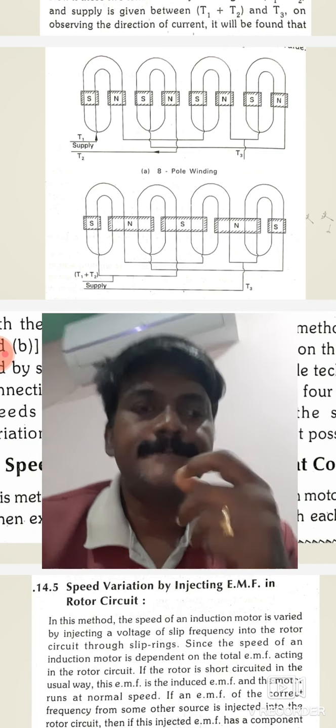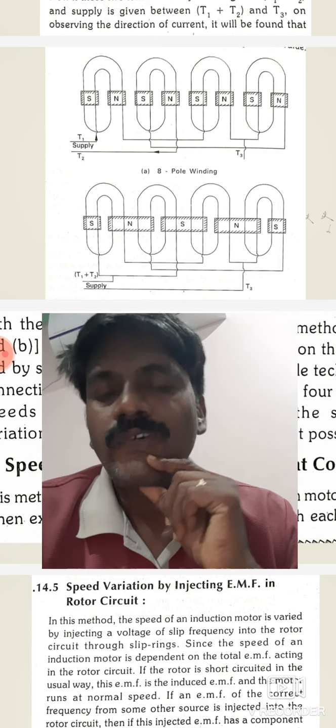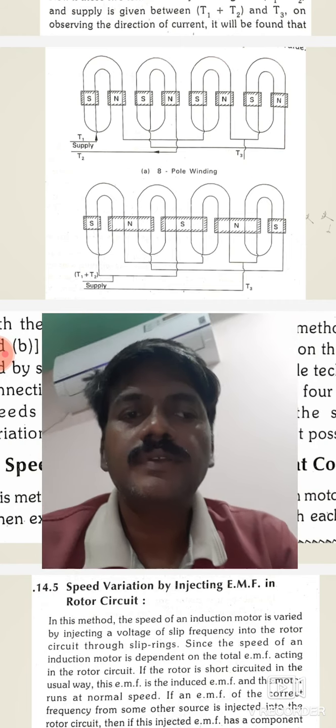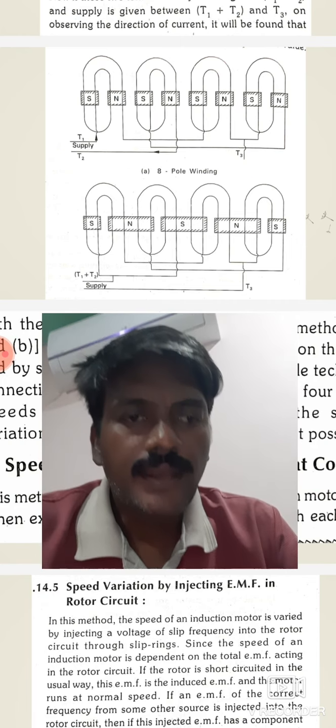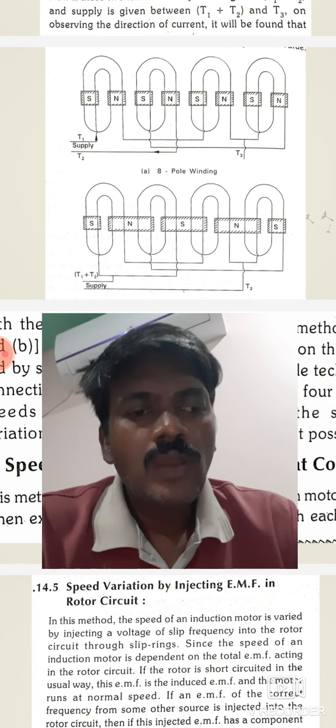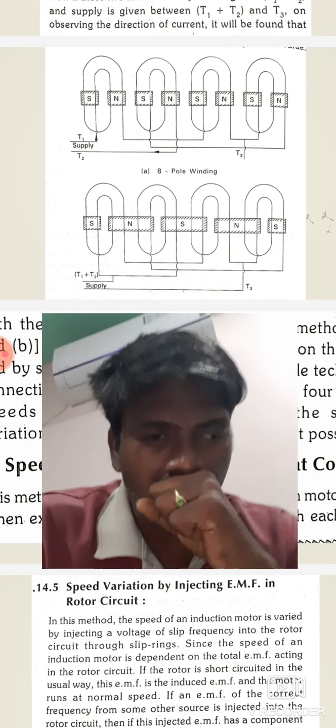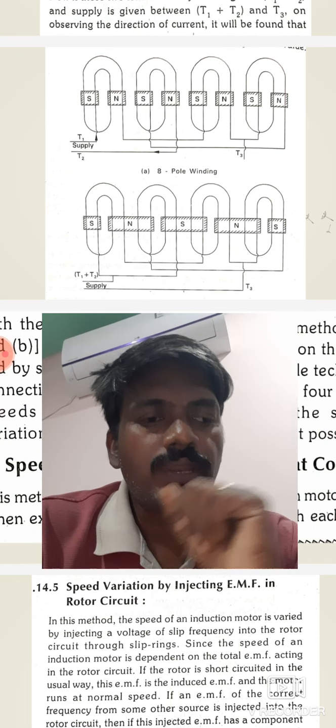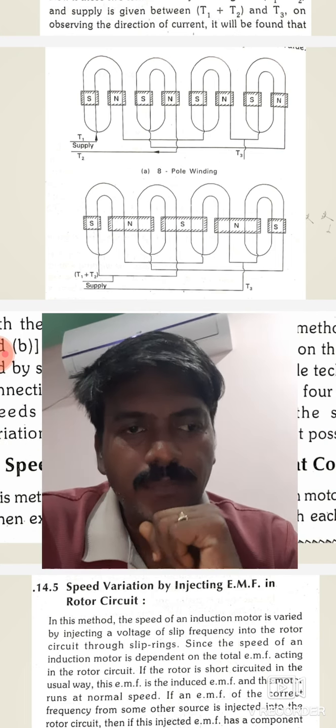Suppose if we use only one winding, the complexity decreases, right, and cost also decreases. In this method, we will use only one winding, wound for a particular number of poles.